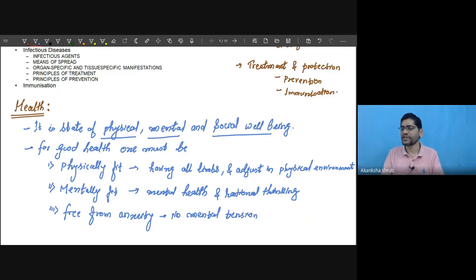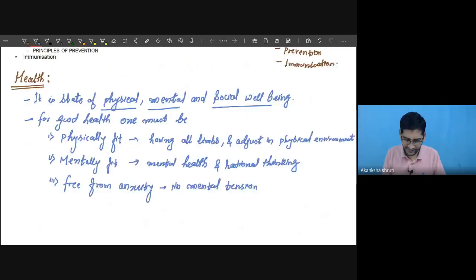Okay, but do not think that just because you are thinking for your study, that is mental tension. No, that is part of your life. So these three are the prime requirements for a person to have good health. For perfect health these three requirements are a must.